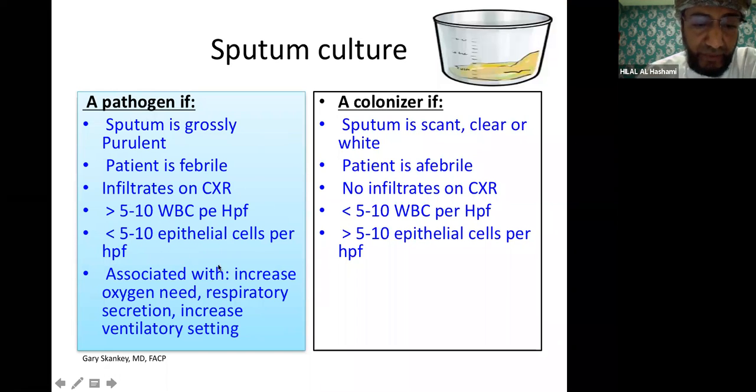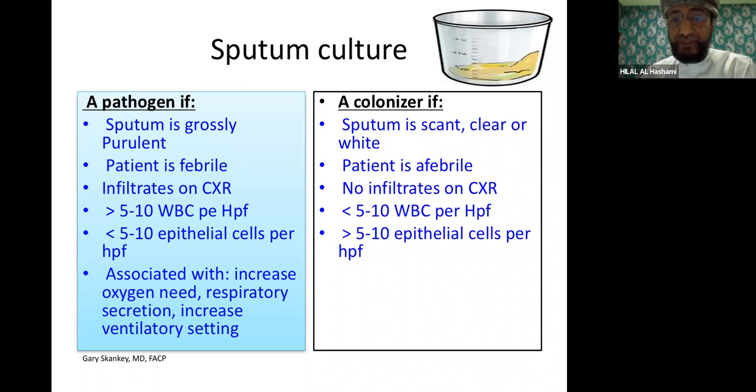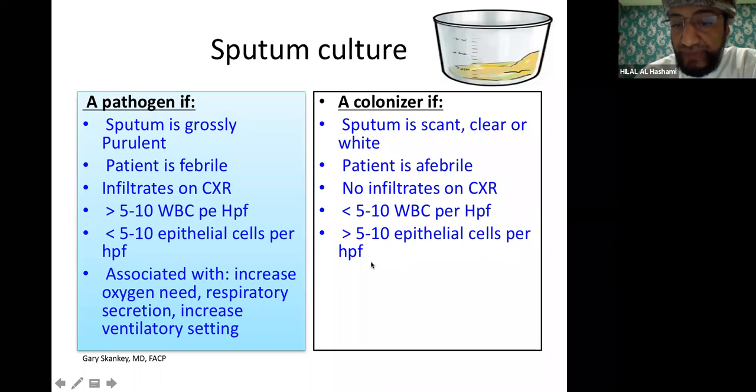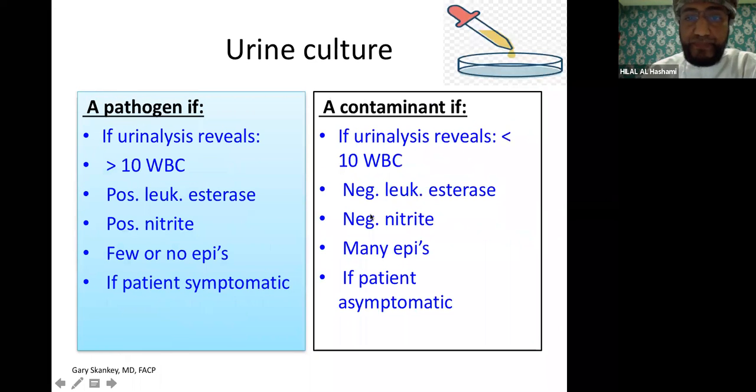And with that, the patient has increased oxygen requirement, increased respiratory secretion, and increased ventilatory settings. On the other hand, you consider it a colonizer if the sputum is scant, clear, or white, or if the patient is otherwise afebrile, there is no infiltrate on the chest X-ray, and there are more epithelial cells than white blood cells.